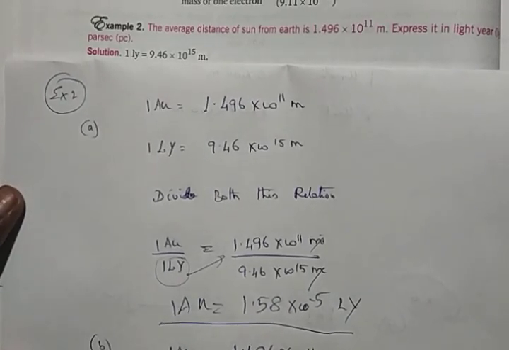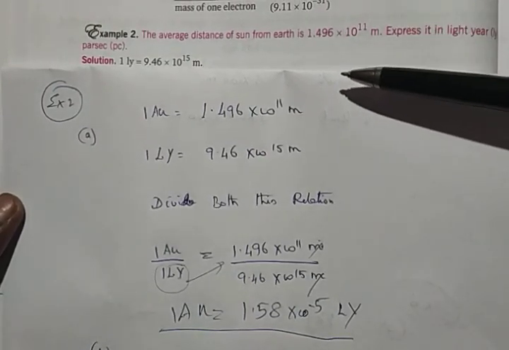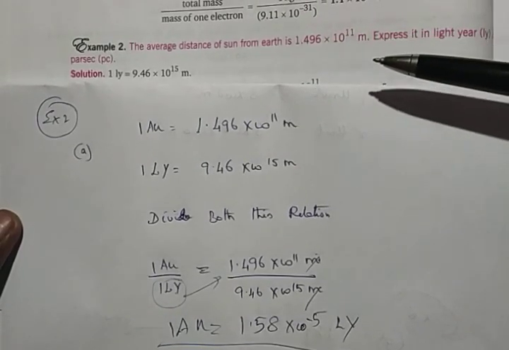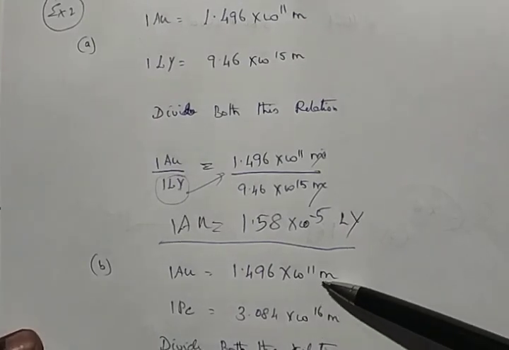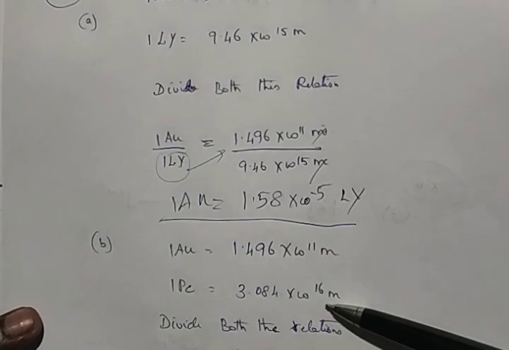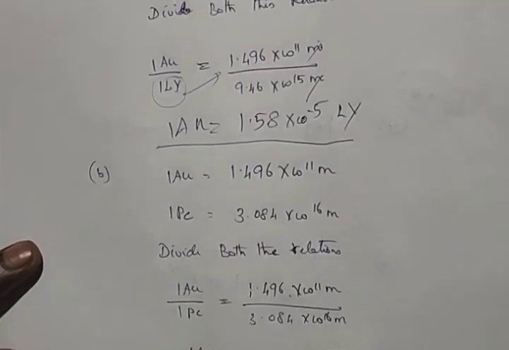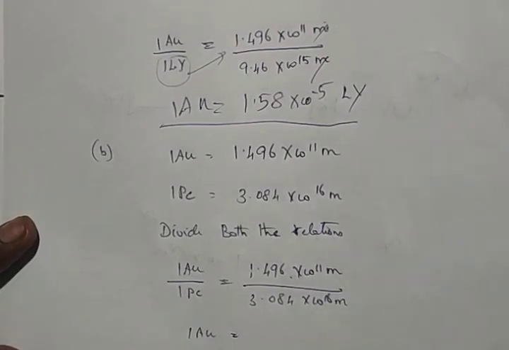Similarly, the second part of the question says, find the same expression of one astronomical unit in terms of parsec. So you write the expression once again. 1 astronomical unit is equal to this much, and 1 parsec is equal to 3.084 into 10 to the power of 16 meters. We already know this one. Divide both of these. So once you divide both of these, you will get 1 astronomical unit and 1 parsec division there.